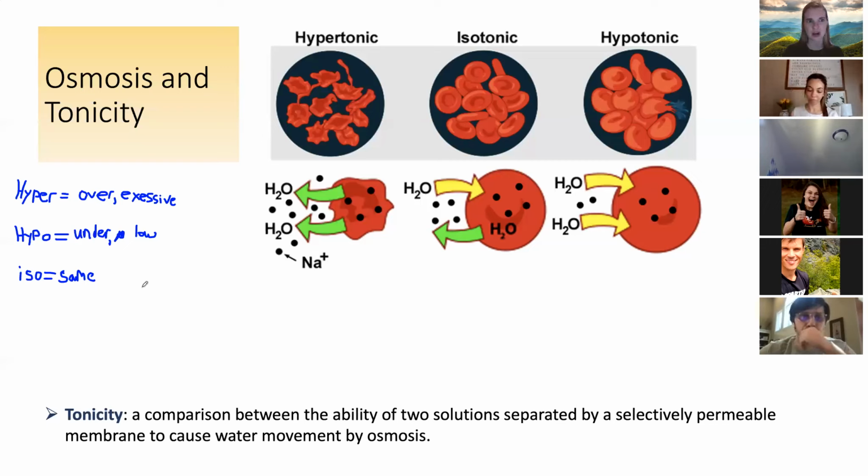So whenever we're talking about osmosis and I say hypertonic solution, I'm talking about the solution that I've put the cells in being hypertonic. Meaning, if we look at this bottom picture here, that there is more solute. I'm just going to put a plus sign for more. More solute outside the cell.